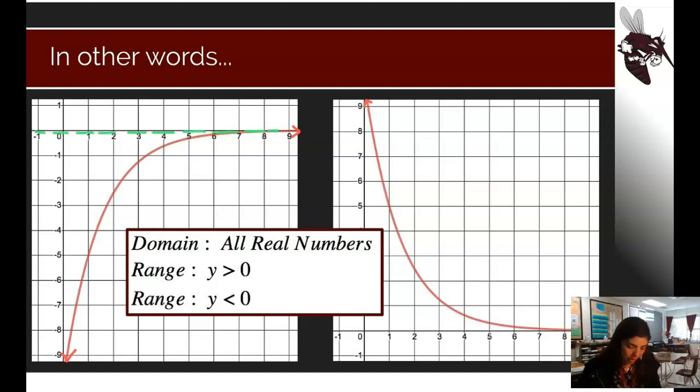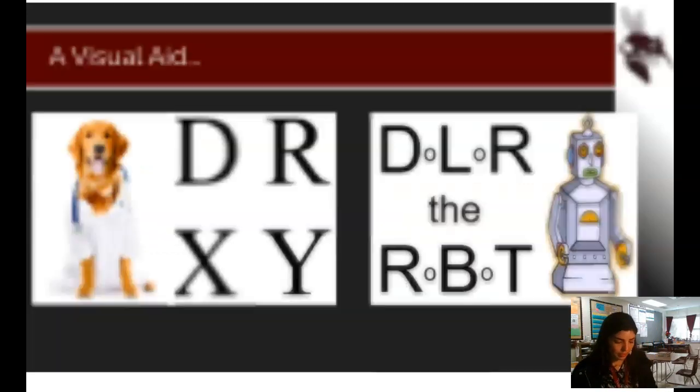So this one, since it's all below the asymptote, would be y less than 0. And this other side, since it's all above the asymptote, the line that it's never going to cross, it's y greater than 0 for the range. So the domain is pretty constant unless you have a bounded graph, and the range will depend on if the graph appears above the x-axis or below the x-axis.